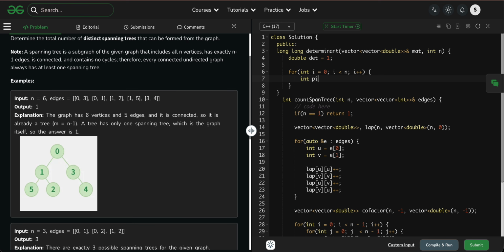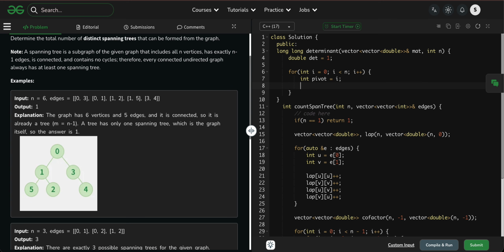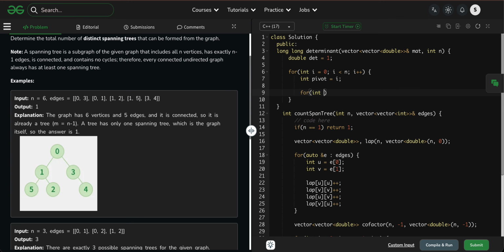Now int pivot is equal to I and for int j is equal to I plus 1 and j greater than or equal to n and j plus plus, right.